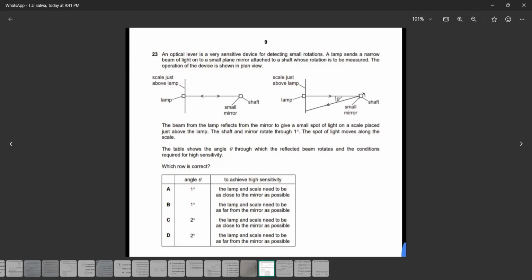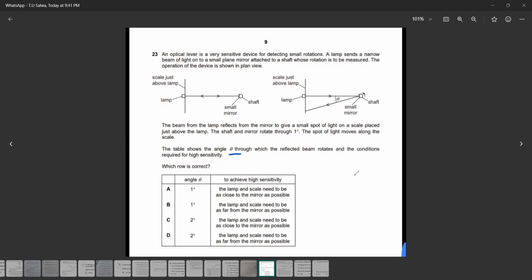So how much will the reflected ray rotate? It's always to achieve high sensitivity. The table shows an angle theta through which the reflected beam is rotated and the condition required for high sensitivity. Which row is correct? To achieve a high sensitivity, the lamp and scale need to be as close to the mirror as possible.